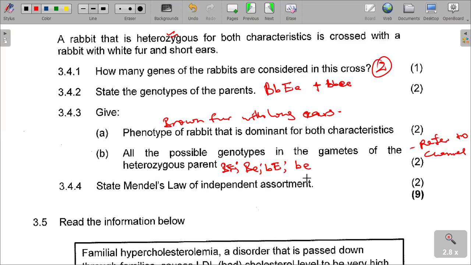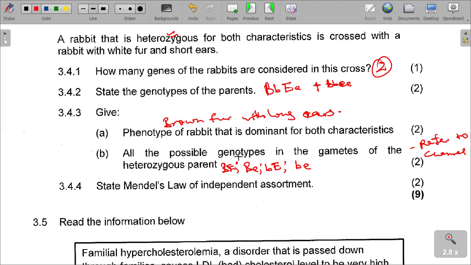So when we are looking at this, there are quite a few possible gametes that can be produced from the heterozygous genotype.